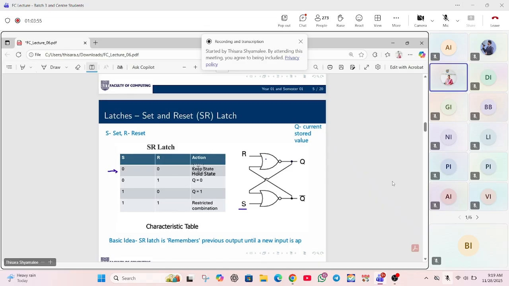In this state, no new input is given. S equals 0 and R equals 0 means the output is the previous output.